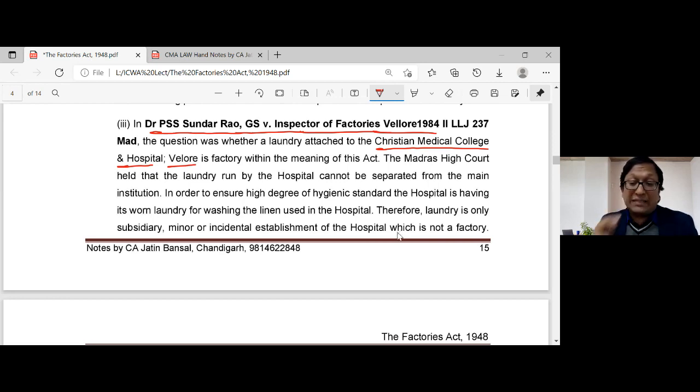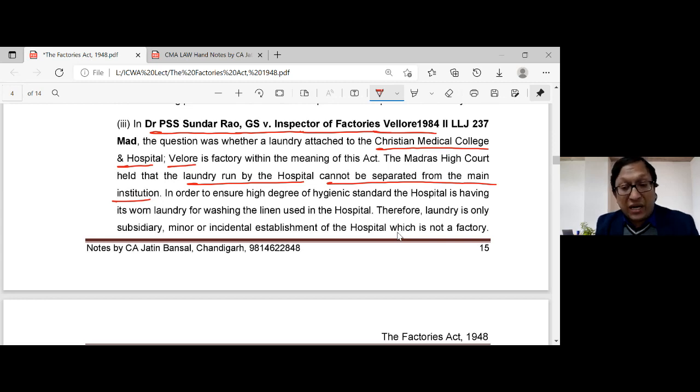Madras High Court held that the laundry run by the hospital cannot be separated from the main institution. No doubt, it appears to be a manufacturing process. It appears to be a factory, but the thing is, hospital is not a factory, and the laundry unit was attached to the hospital.